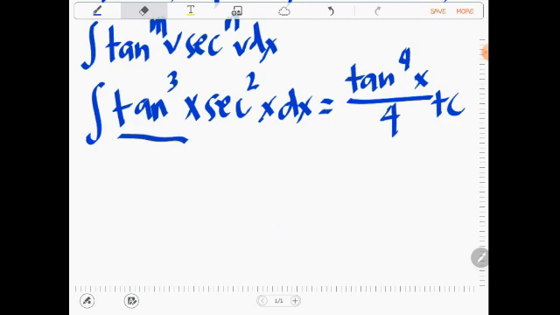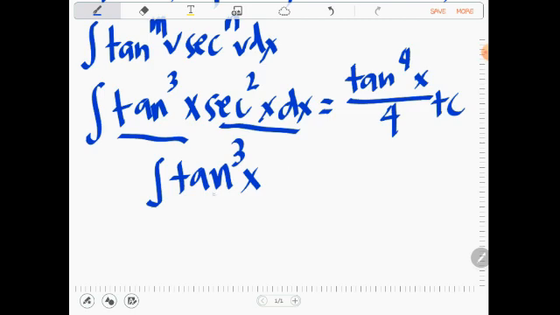So, elaborate natin. Ang mangyayari kasi dyan, that would be equals to the integral of tan of x raised to 3, tapos ito yung du, ito yung u. Okay, palitan natin. U cube, tapos du. Ganon yung nangyari.